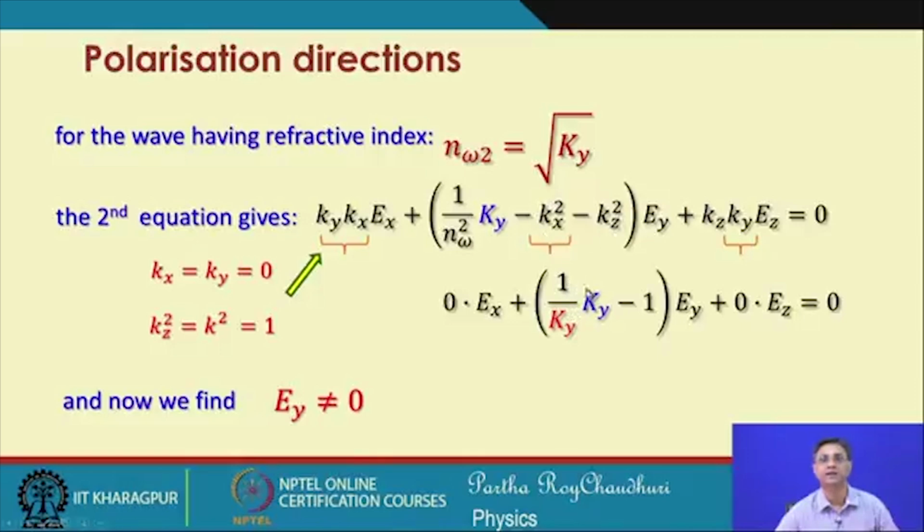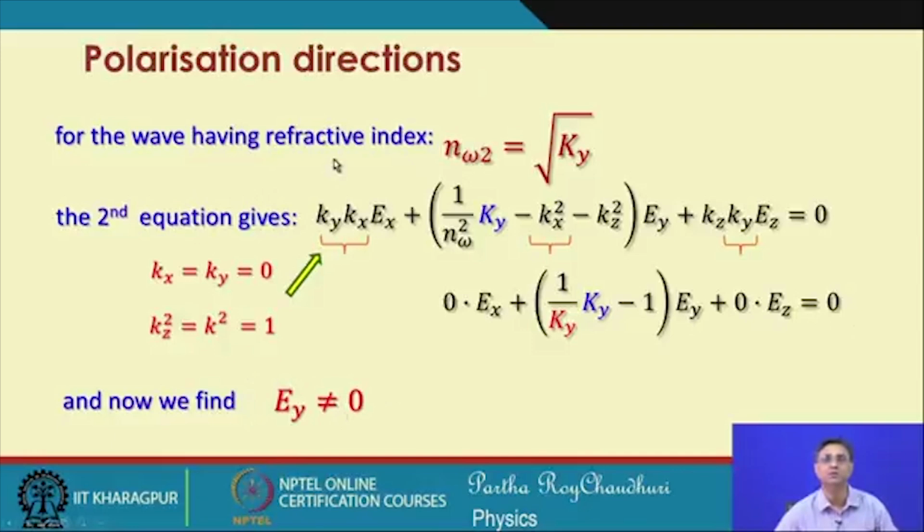So, we can write k y upon k y minus 1 into E y, and for this quantity, because k y equal to 0, we can write 0 into E z equal to 0. It simply means that 1 minus 1, which is equal to 0, into E y equals 0, that means E y cannot be 0.